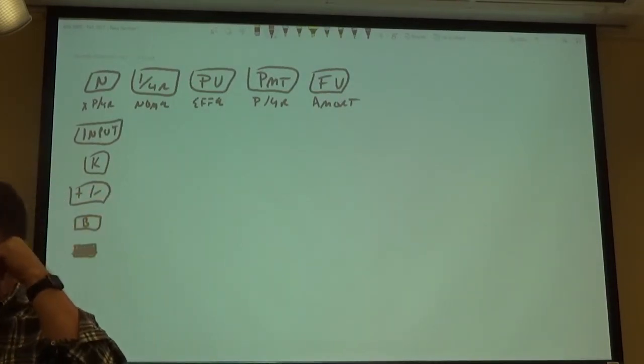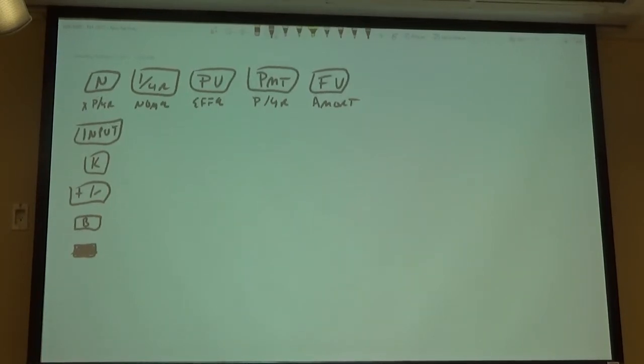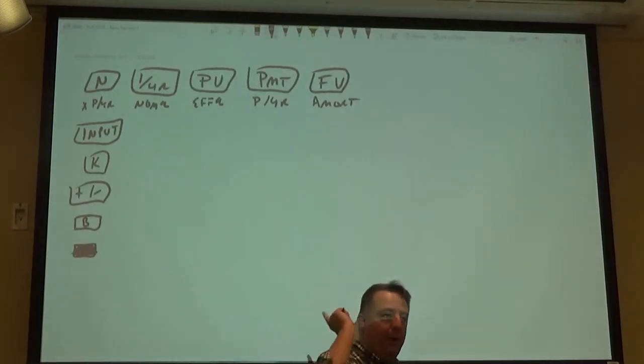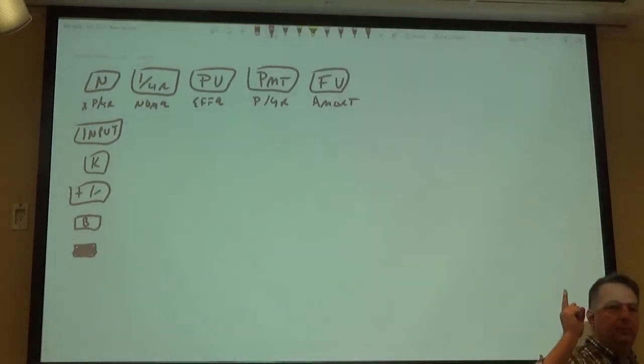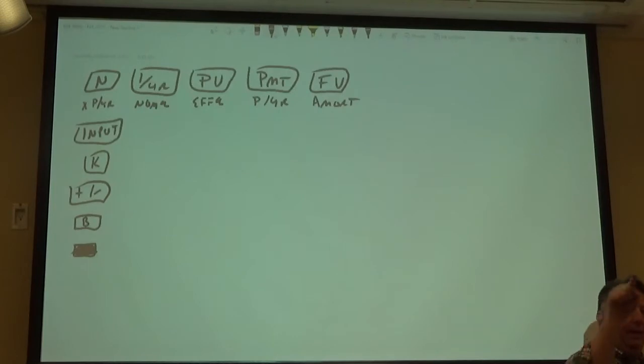For example, if I tell you you have a 10-year loan, well, if it's an annual payment loan, your N is 10. But if it's a monthly loan, your N is 120 because it's 10 times 12 monthly payments, 120. Does that make sense? Okay?